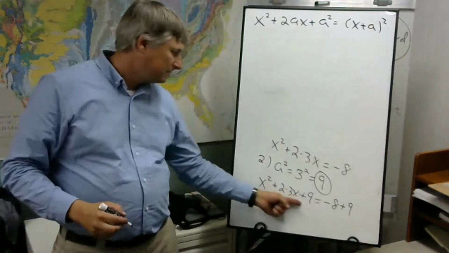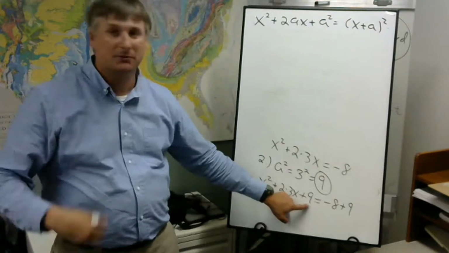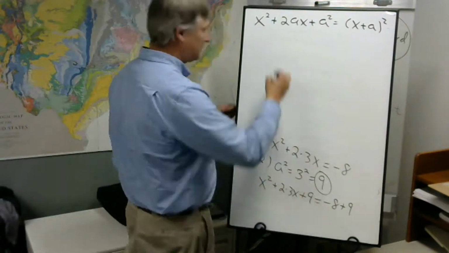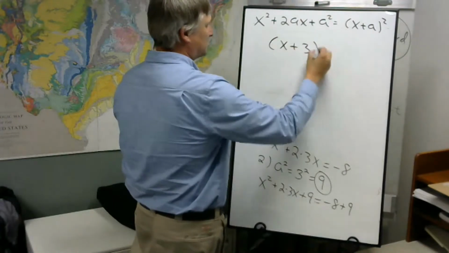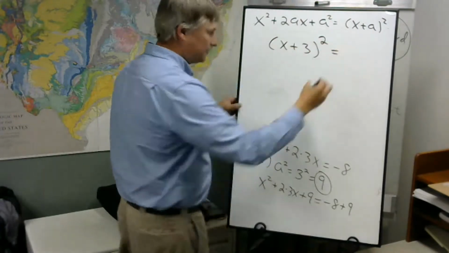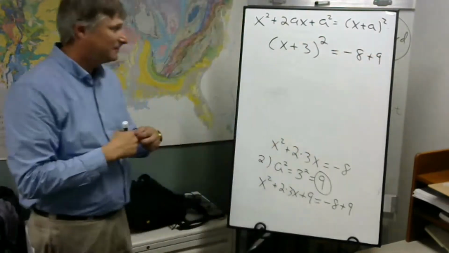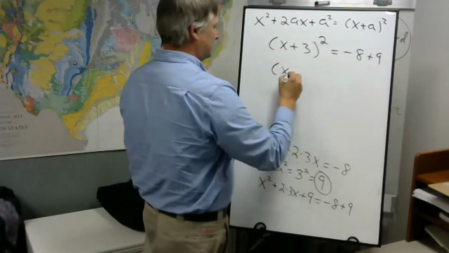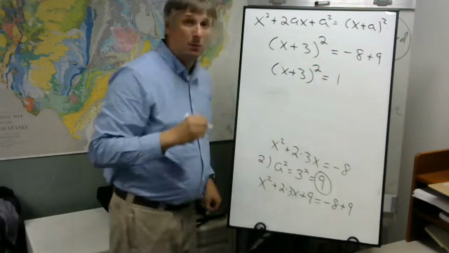So that means with a equal to 3, here's a and here's a squared, because 3 squared is 9. We can rewrite this as x plus 3 squared equals negative 8 plus 9. And now we can just add these together. X plus 3 squared is equal to 1.